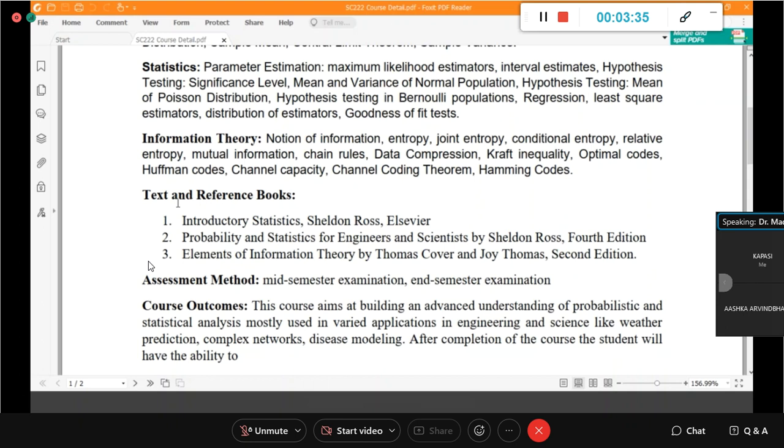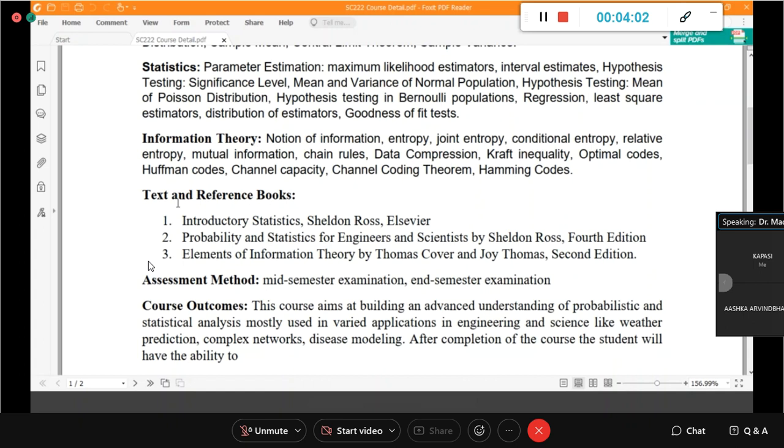Of course, you can reach our associated TAs. I think the list of TAs will be out soon, and you can put your doubts to them. If it still remains unclear, you can reach us as well to clear your doubts.